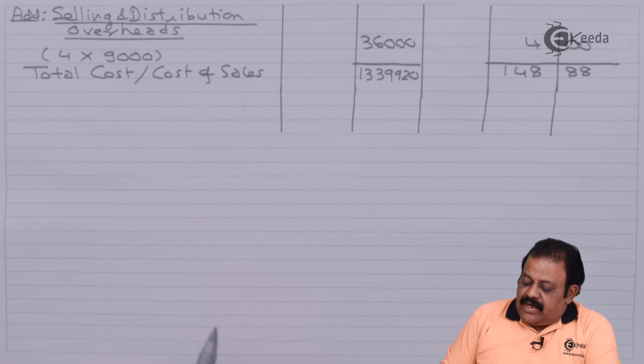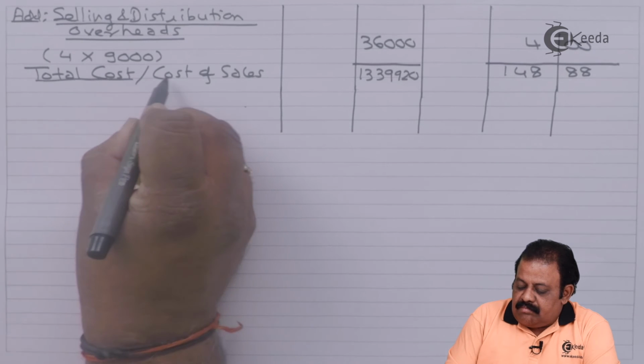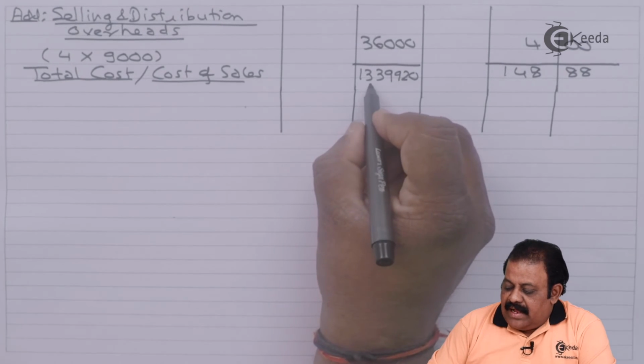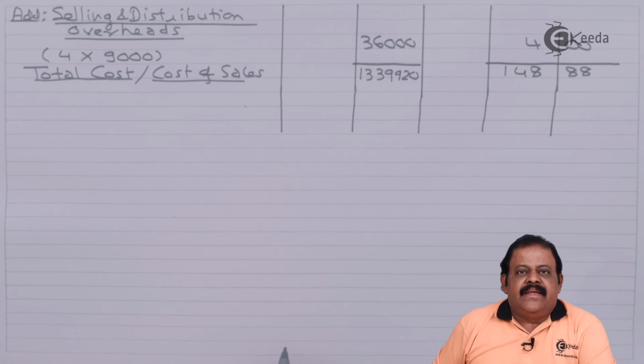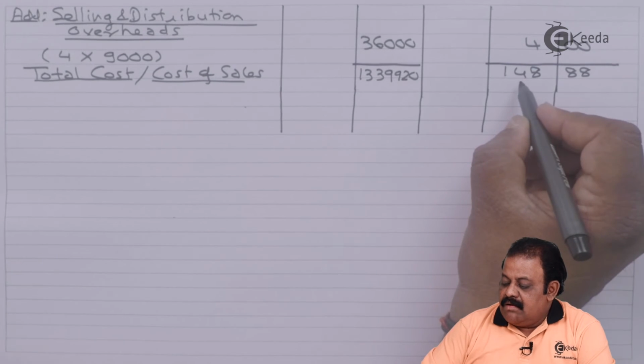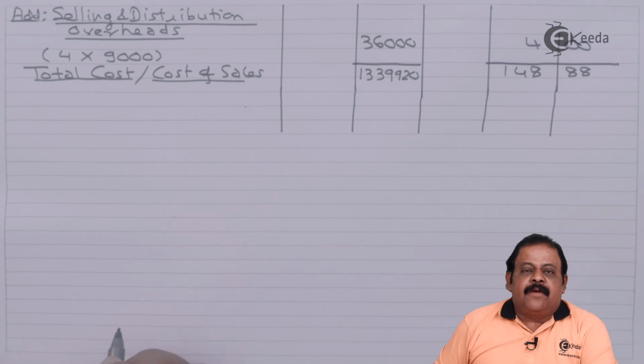After adding selling overheads, we get total cost 13,39,920, and per unit it will be 148 rupees 88 paise.